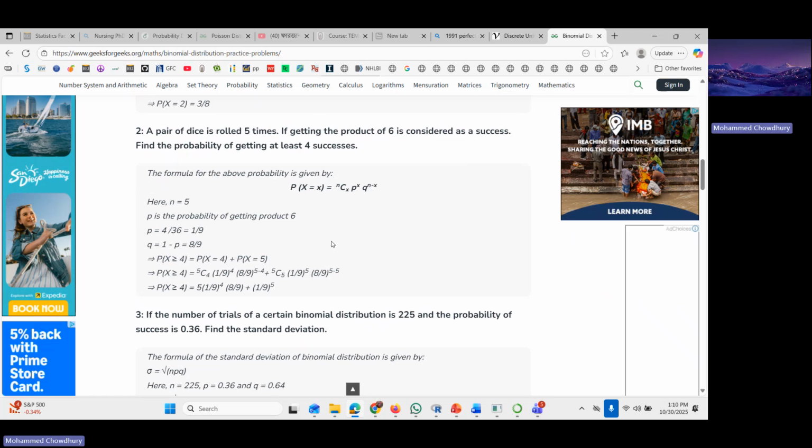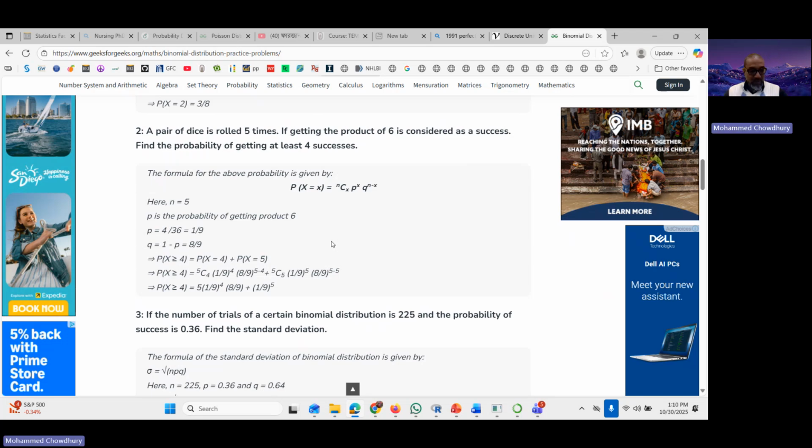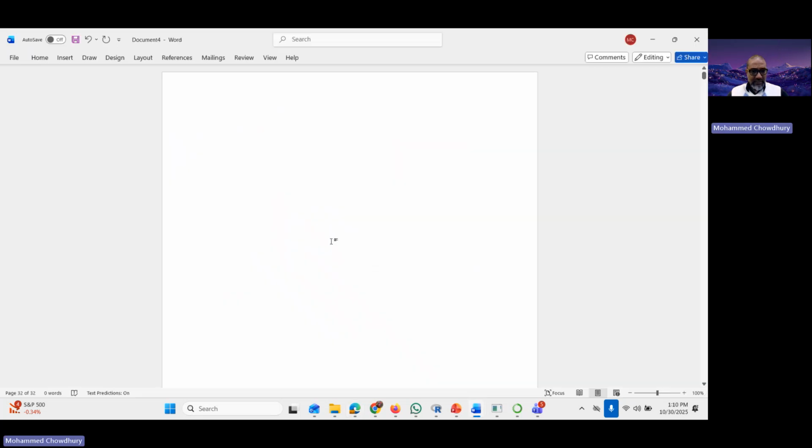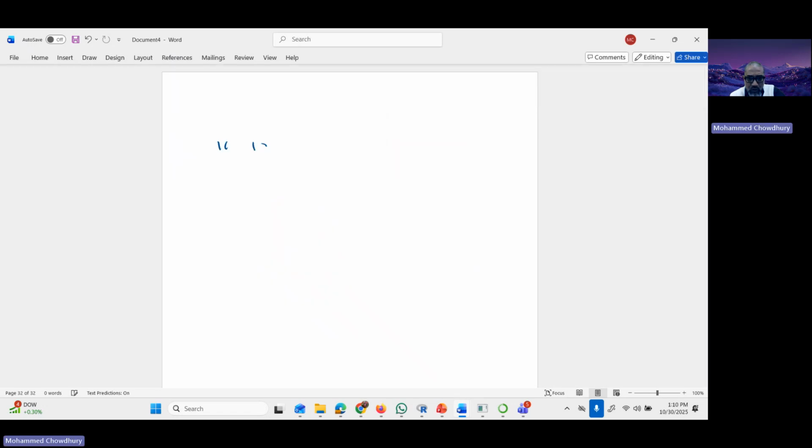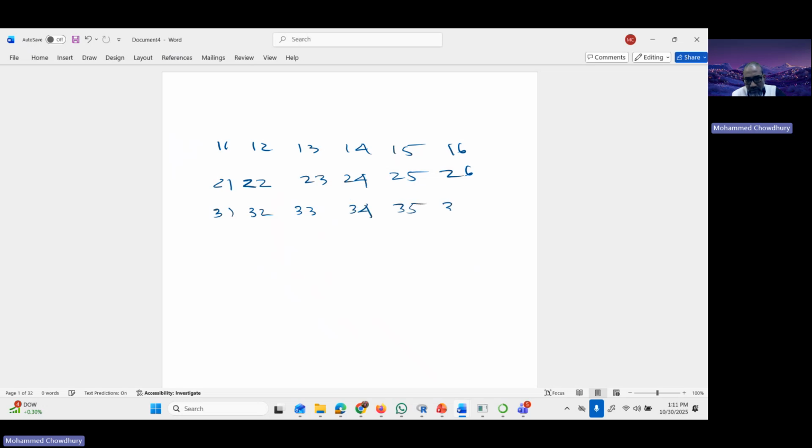If someone asks me to solve this problem, here is the thing. If I toss 2 dice, I will get 1 1, 1 2, 1 3, 1 4, 1 5, 1 6. Similarly 2 1, 2 2, 2 3, 2 4, 2 5, 2 6, and 3 1, 3 2, 3 3, 3 4, 3 5, 3 6.